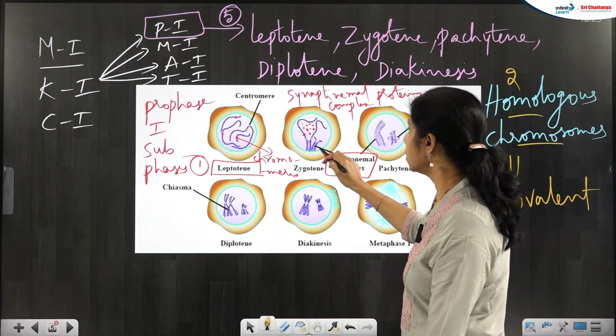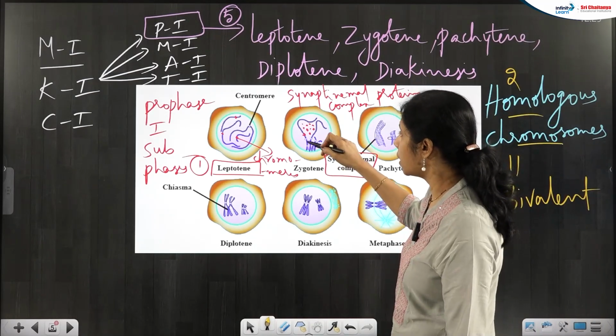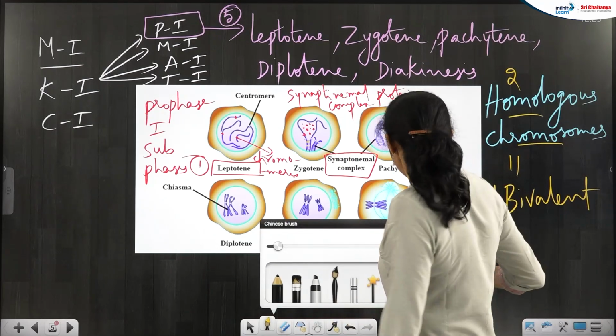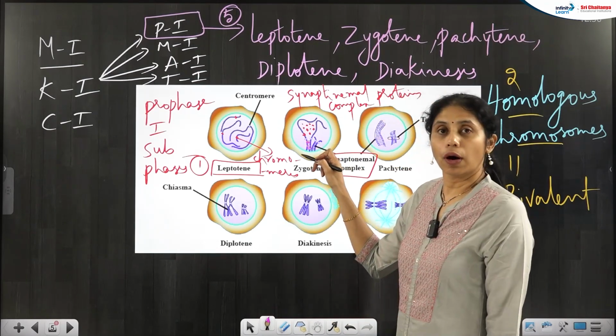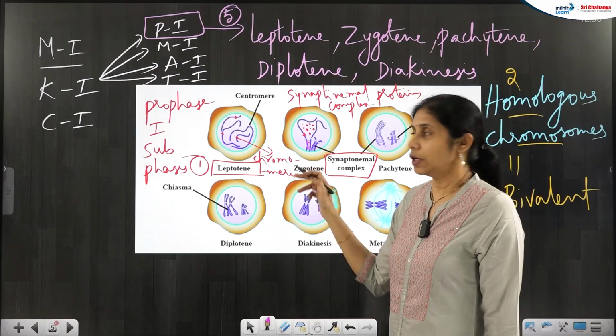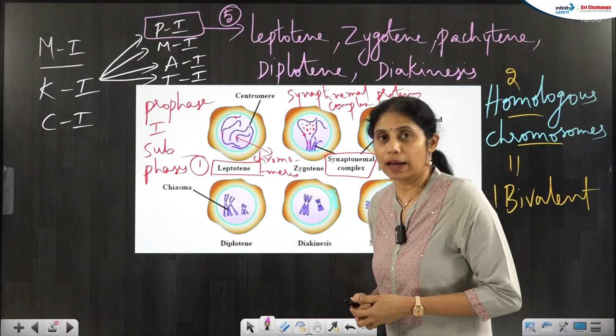You can see clearly two chromosomes pairing up here, and each pair is called a bivalent.